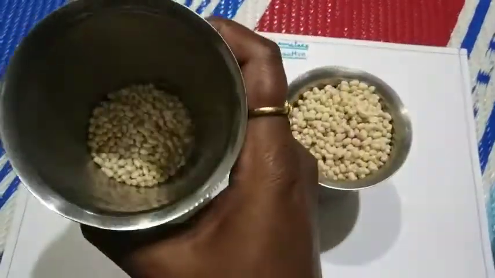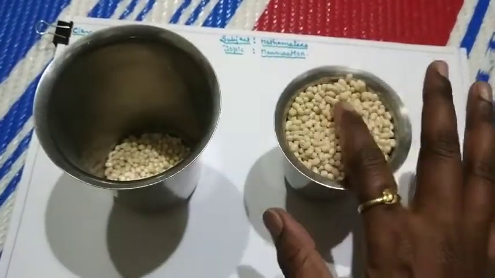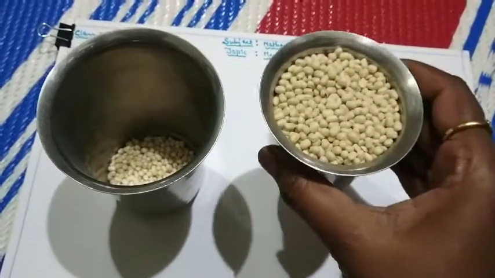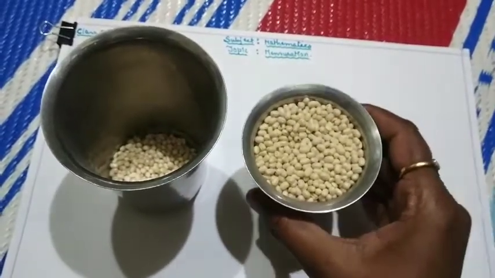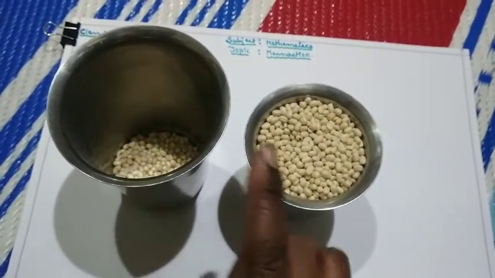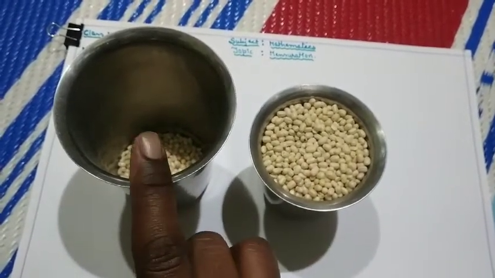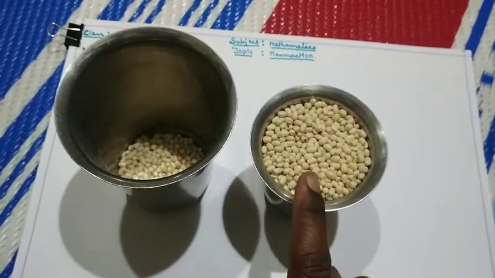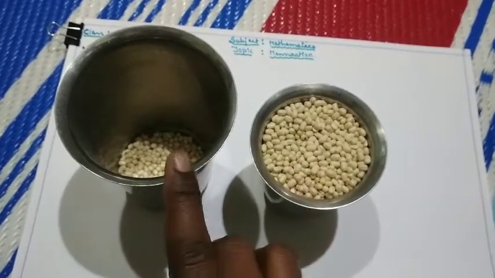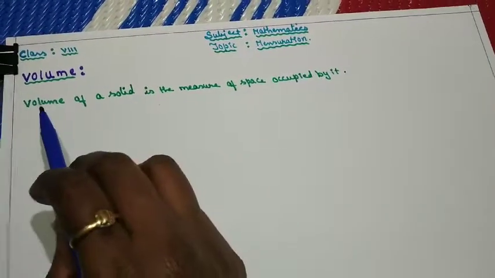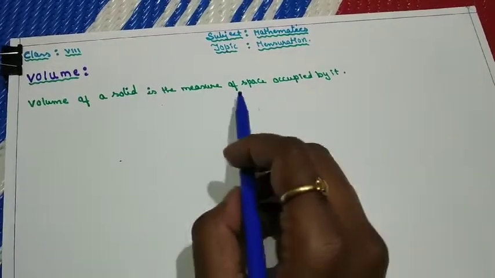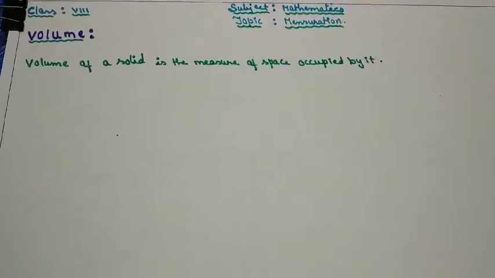Yes, the grains are left out, which indicates that the capacity of this glass is lesser than this glass. So it totally depends upon the volume of a solid. So volume of a solid is the measure of space occupied by it.